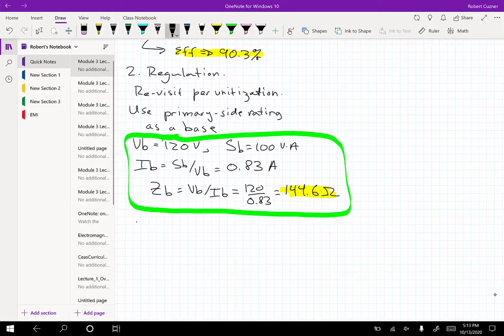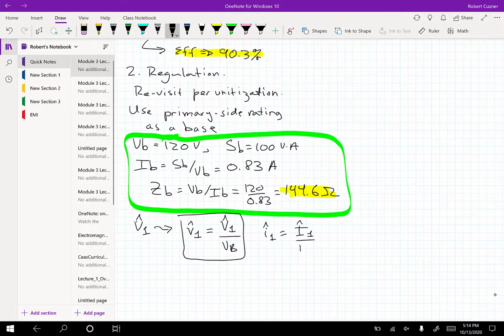We found V1, right? We can find V1 per unit, and let's see what we're going to use. I'm going to use a little v for the per unit. That's going to be whatever I have for V1 divided by V base. A little i, it's whatever I have for I1 divided by I base.